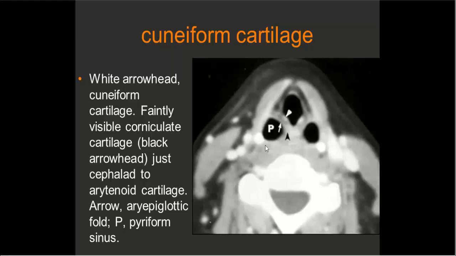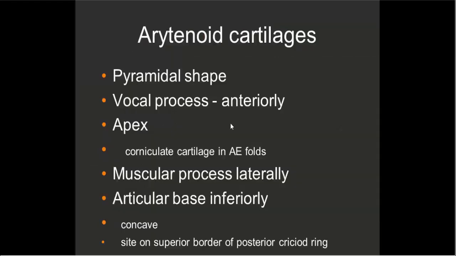This is the aryepiglottic fold and this is the piriform sinus. The arytenoid cartilage has a pyramidal shape, with the vocal process anteriorly, the apex with the corniculate cartilage in the aryepiglottic fold, the muscular process laterally, and an articular base inferiorly, a concave seat on the superior border of the cricoid ring.